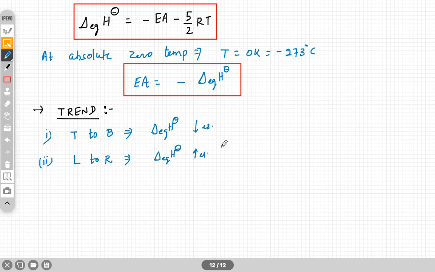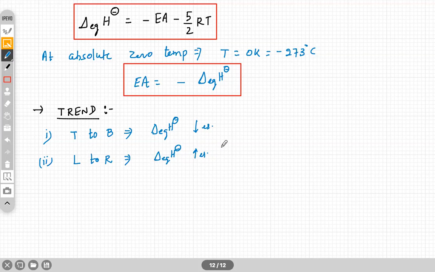One more thing you must take care of. More negative delta Eg H, more negative electron gain enthalpy, means it is easier to add an electron on that particular atom.